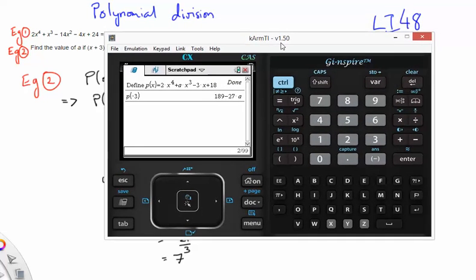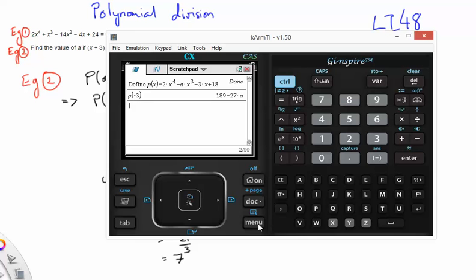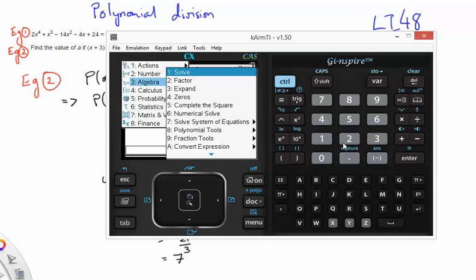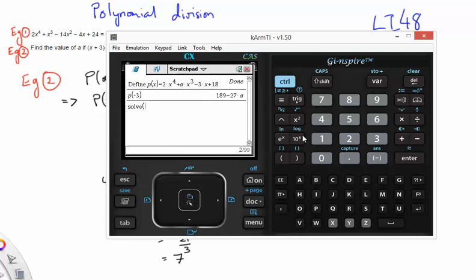Another way you could do it is with the solve function. Now I've got to think about this. We want to solve for p of -3 equals 0, and we're going to have to put an and in here.